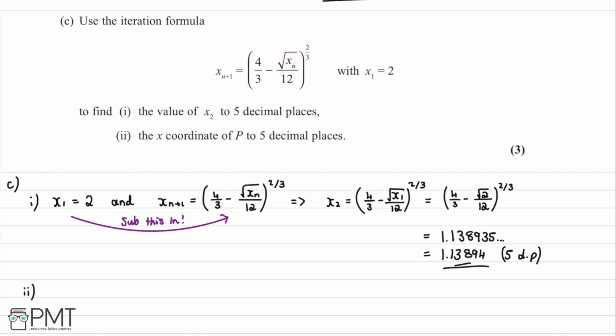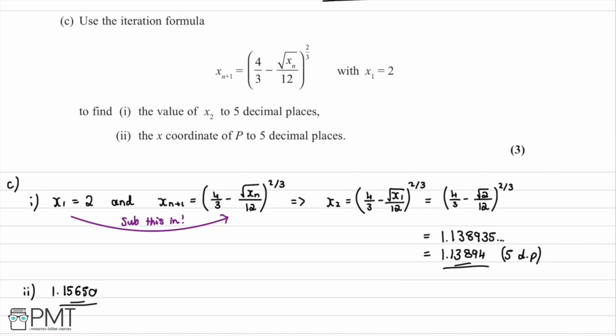Then you can just keep pressing equals, and it'll keep updating with this new answer, and then it'll get to the point where it converges, and that number which it converges at will be the x-coordinate of P. So you do this in your calculator, and this comes out as 1.15650. And that's us completed this question.